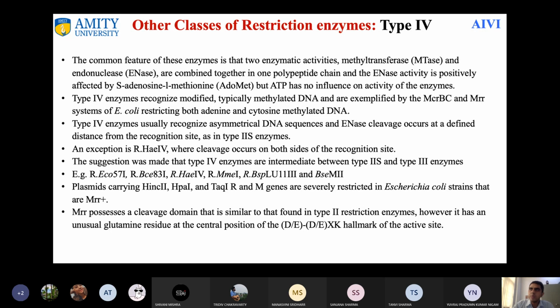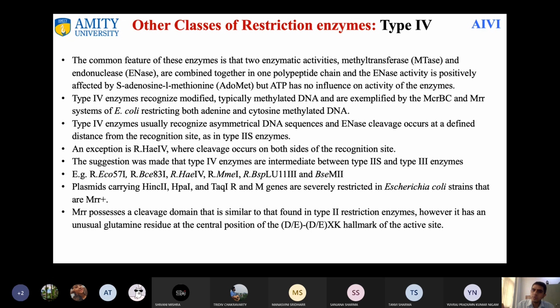When we are talking about type 1, type 2 and type 3, we said that type 3 is in between type 2 and type 1, because type 1 produces the cut at a very long distance, type 3 is cutting very near, and type 2 within. So if you are talking about where type 4 lies, type 4 lies in between type 2 and type 3.